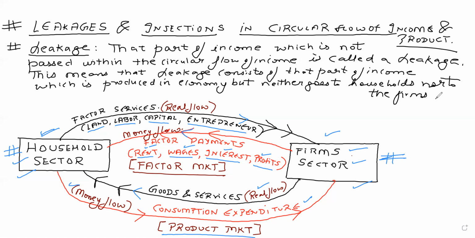So can we now look at some examples of leakages? Which part of income is neither going to the households nor going to the firms? That means basically which part of income is not in circulation. So that income which is not in circulation between the households and the firms.